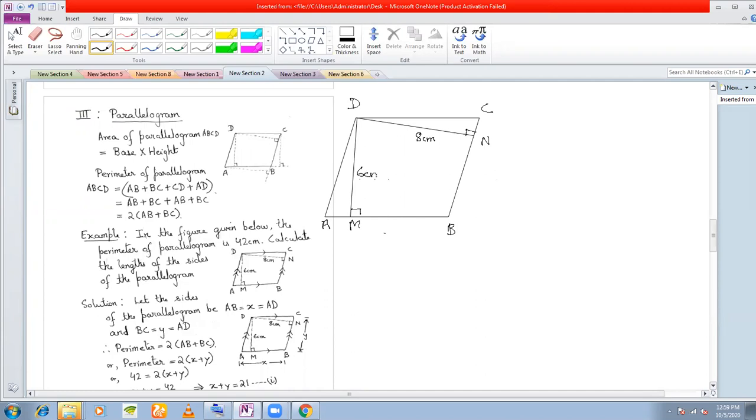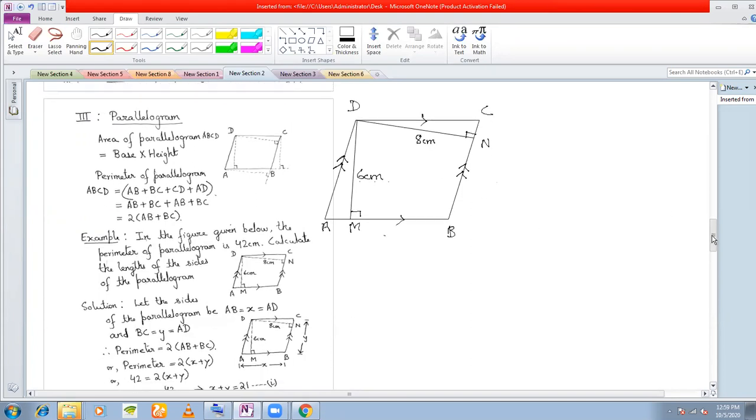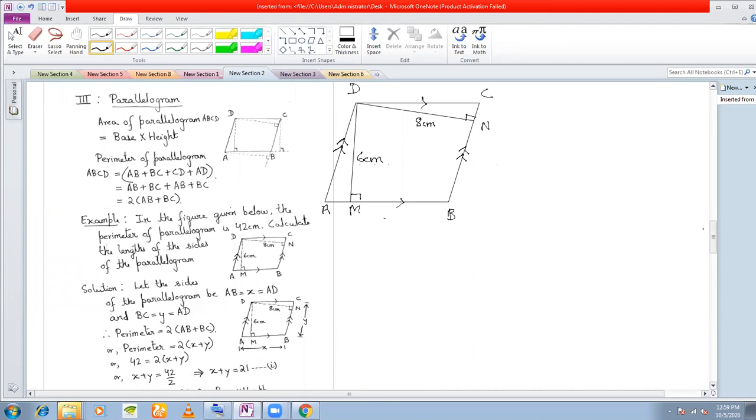This is your 6 centimeter. And it's a parallelogram, so opposite sides will be parallel. And you need to calculate the length of the sides.